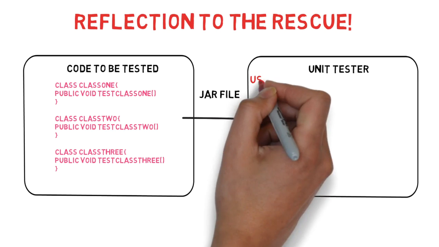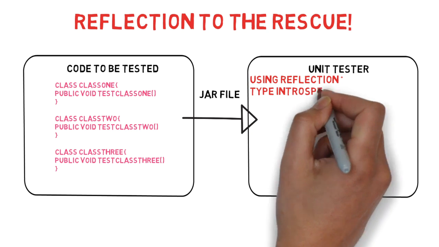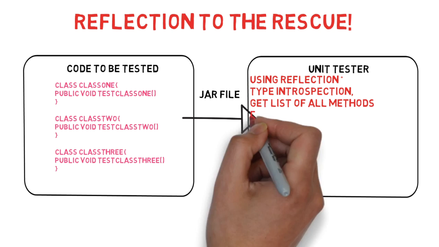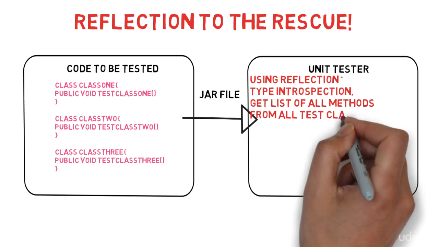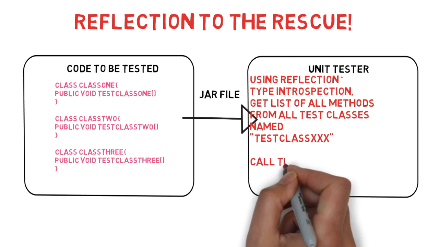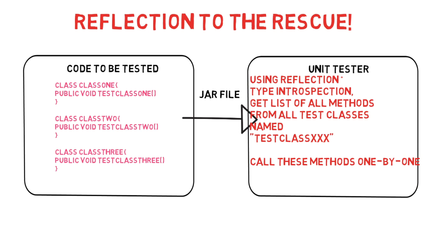Same setup as before. Now, in the unit tester, we can use Reflection and type introspection to get all the methods from all the test classes which are named test class XXX. Basically, we can go into the testing library, find all the methods which we identify as test methods, and we can say that a test method is one which starts with test class.